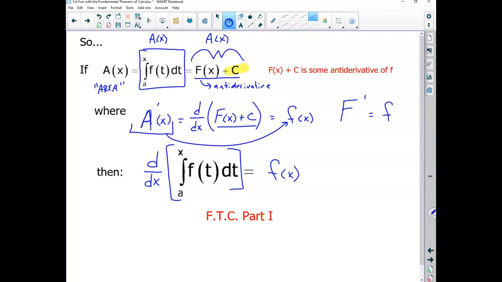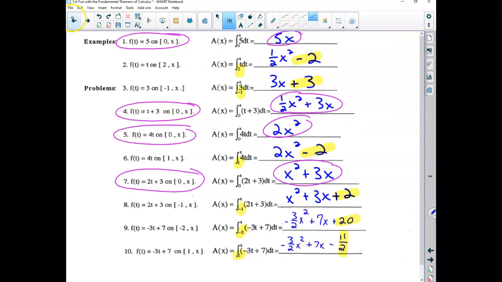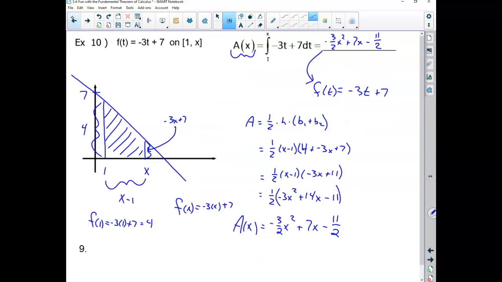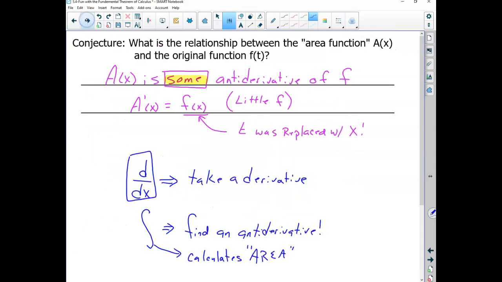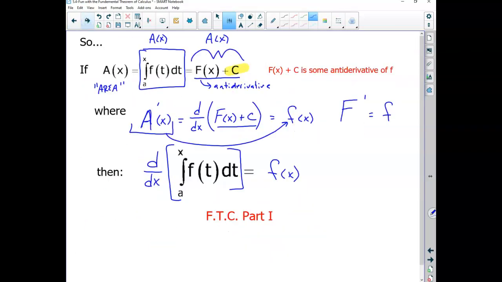If I found my area function, and I took the derivative of that area function, I got right back to my f of t, my original little f function, but with an x in it. That's all I'm saying back there. So if I take the derivative of my antiderivative, I get back where I started from.